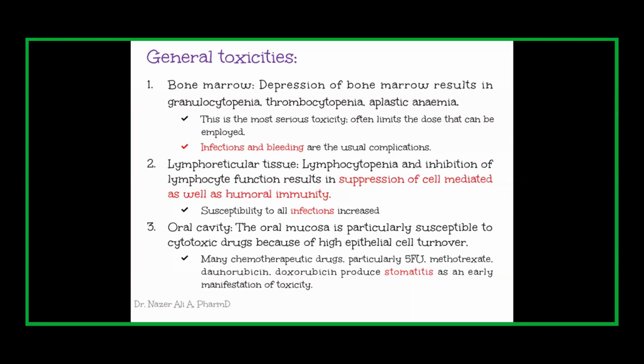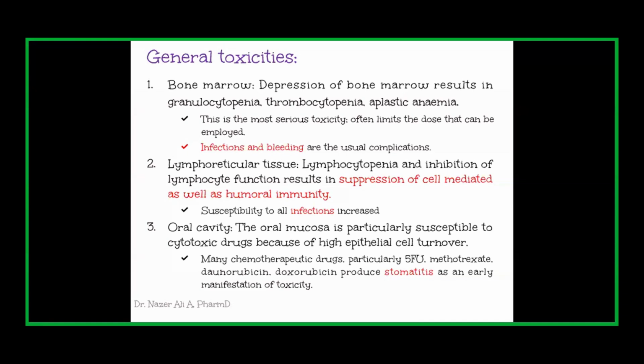And also in the lymphoreticular tissue, due to the inhibition of lymphocyte function, there will be a suppression of both humoral immunity and cell-mediated immunity. So in this way also the patient is more susceptible to various kinds of infections. Regarding the oral cavity, the most common adverse drug reaction is mucositis.